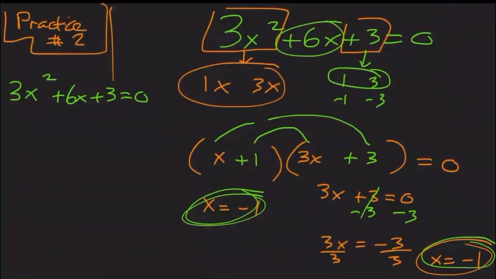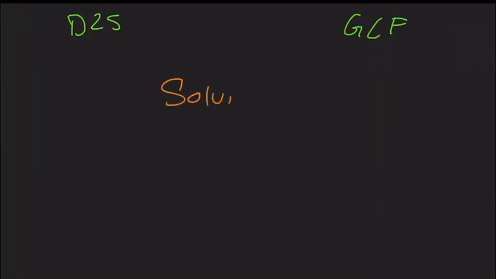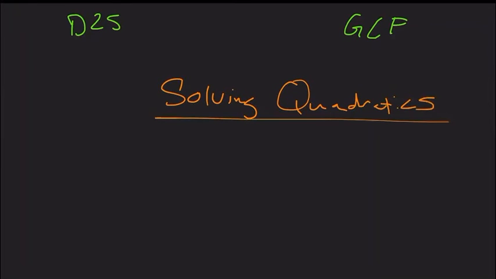All right, from here, let's go ahead and review. The only two other things besides reverse FOIL we have to review are the difference of two squares method and the GCF method. So again, this week we've been focusing on solving quadratics. And there are different ways to solve. There's a method called completing the square.